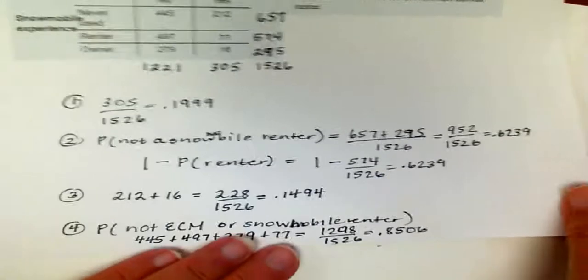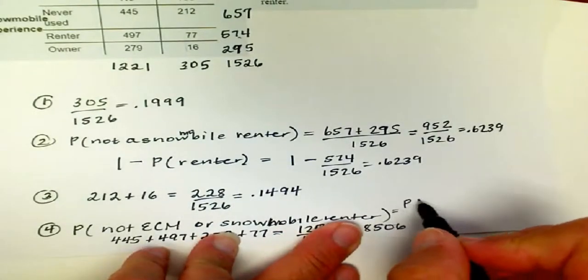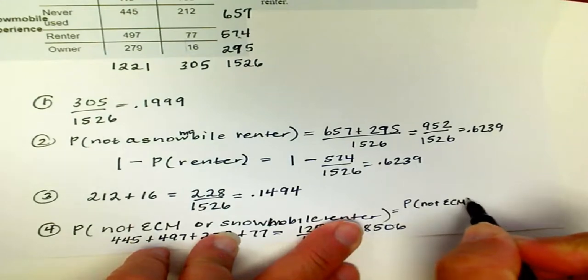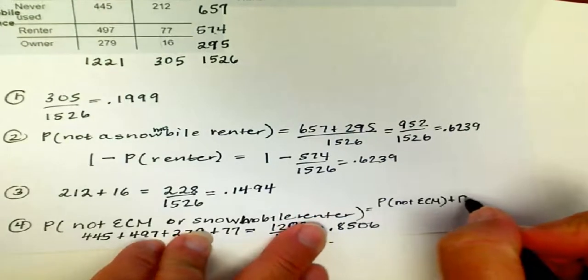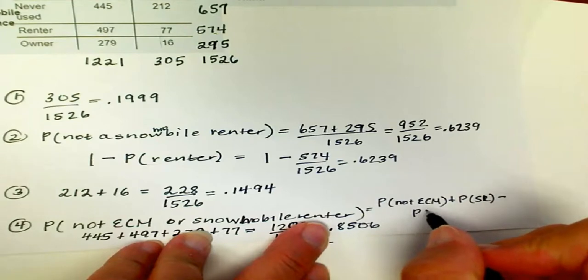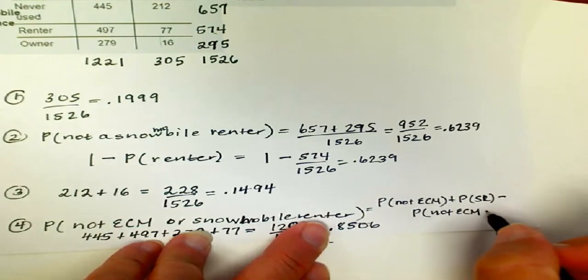The other thing you could do is we could use our rule here and do the probability of not this plus the probability of a snowmobile renter, and then you subtract out the probability of both, and you would get the same answer.